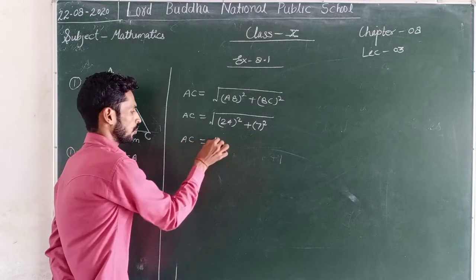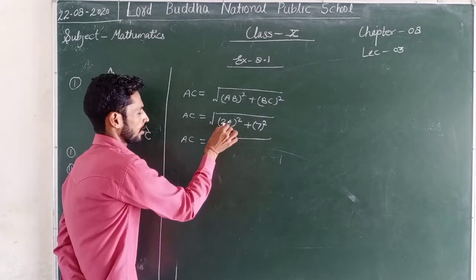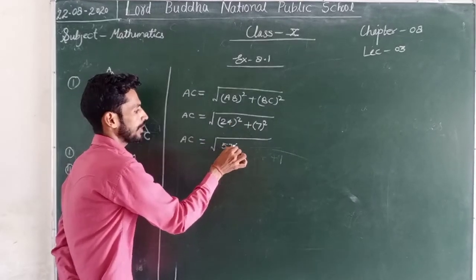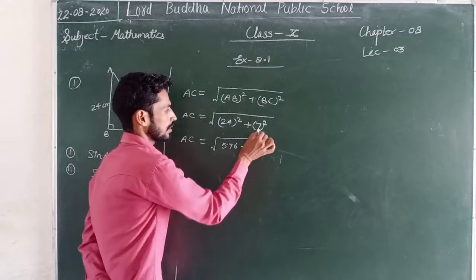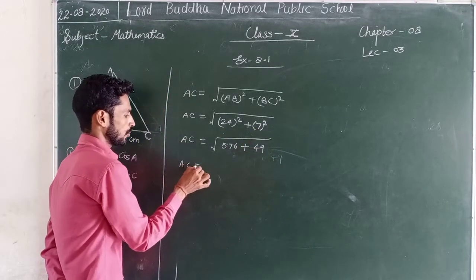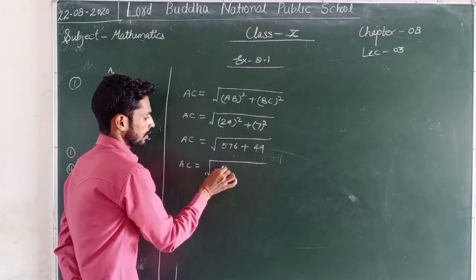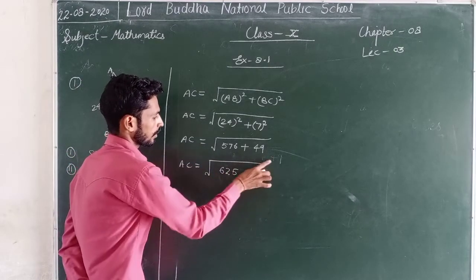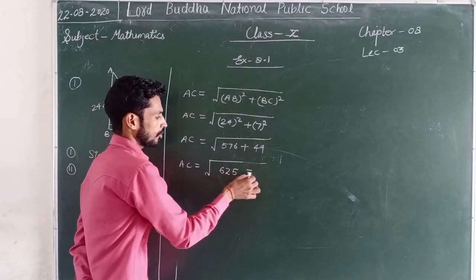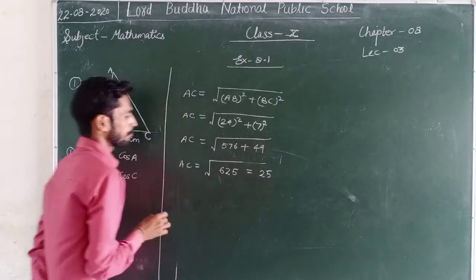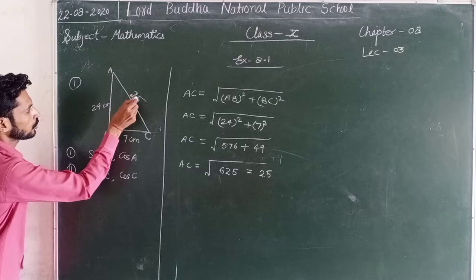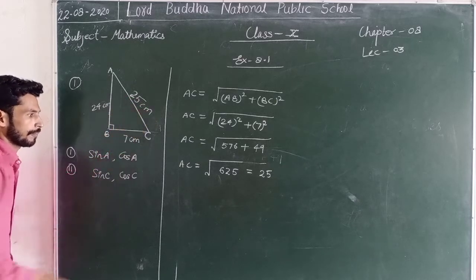Then AC equals square root of 576 plus 49. So AC equals under root of 625, and the square root of 625 equals 25. So the value of AC equals 25 centimeter.